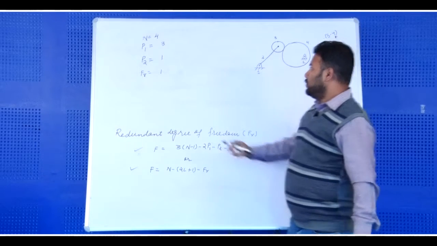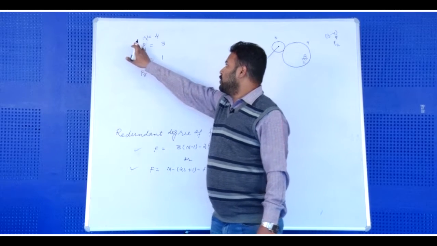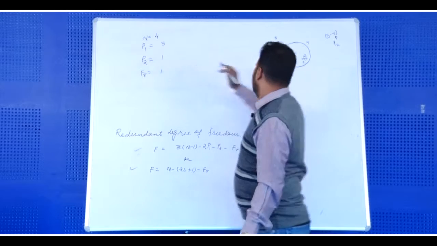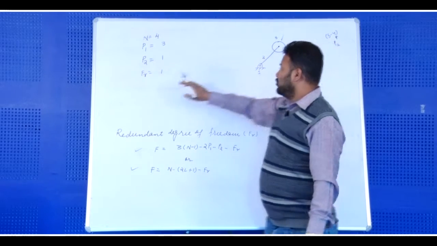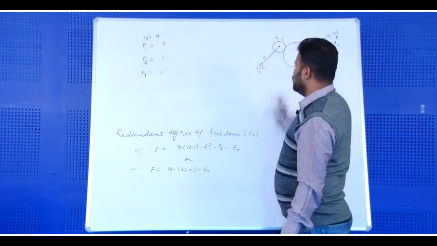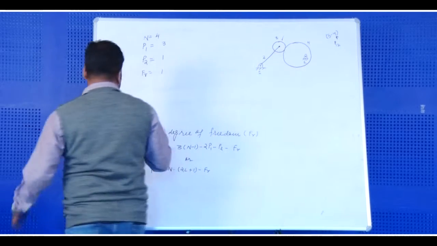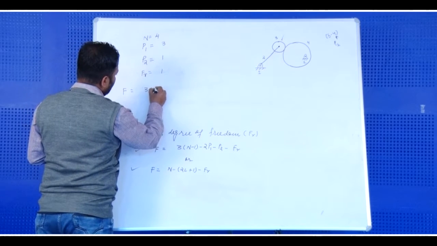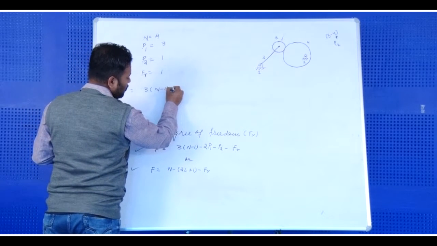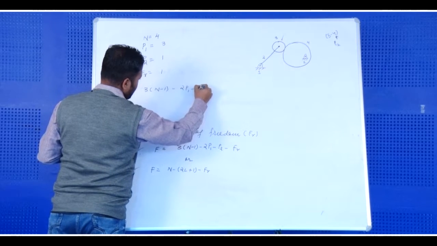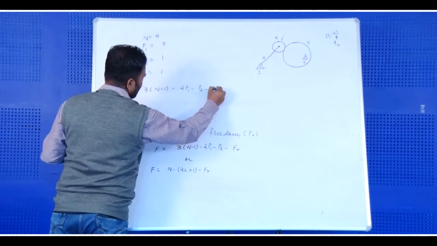So, the number of lower pairs is 4 minus 1 higher pair, that is 3, and the number of higher pairs is 1, possessed by this link 3, and the redundant degree of freedom is again due to this redundant link 3. So, if I now calculate the effective degree of freedom, I can write F is equal to 3n minus 1 minus 2P1 minus P2 minus FR.